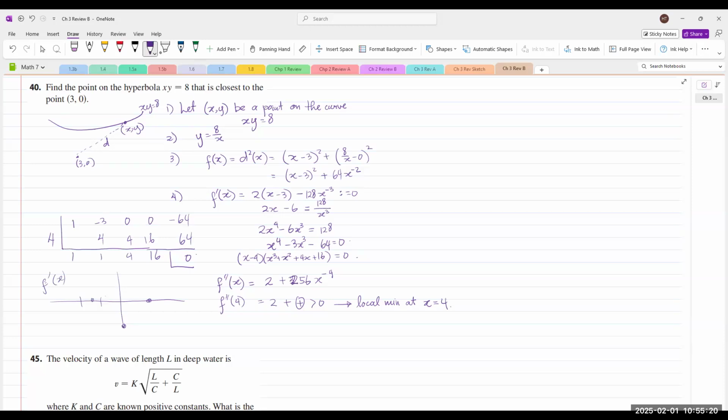Maybe somewhere else, I don't know. According to this, it opens up. So I think it will look something like this. So this will be the only local minimum then. Yeah, negative slope becomes positive slope, right?